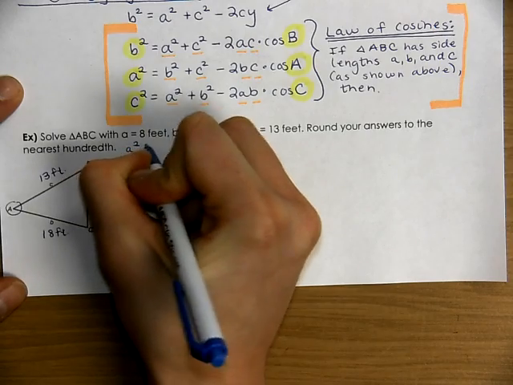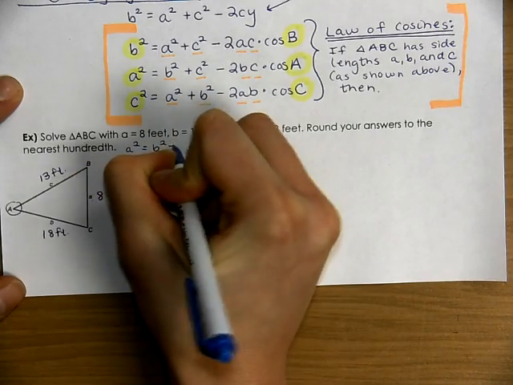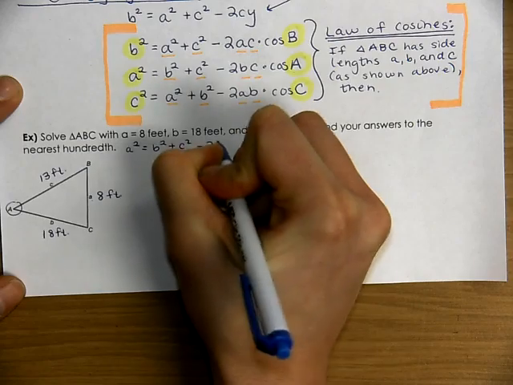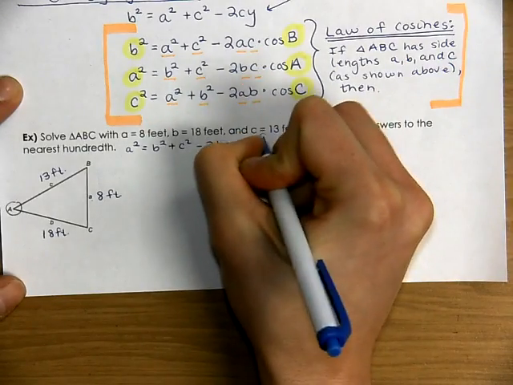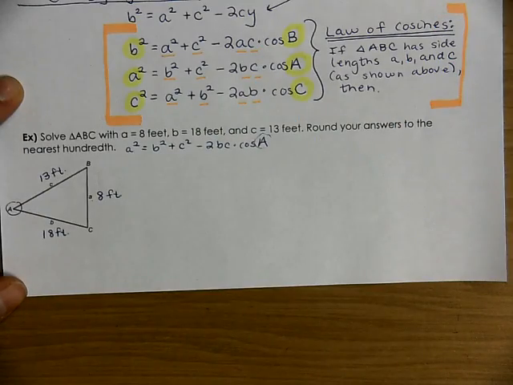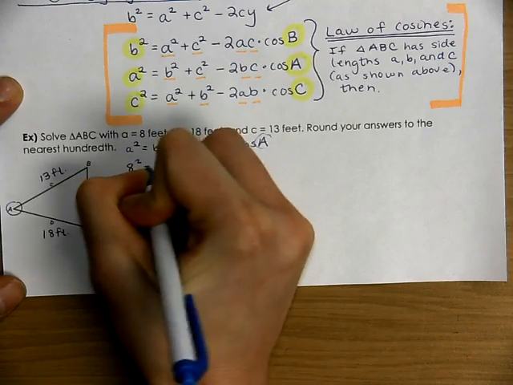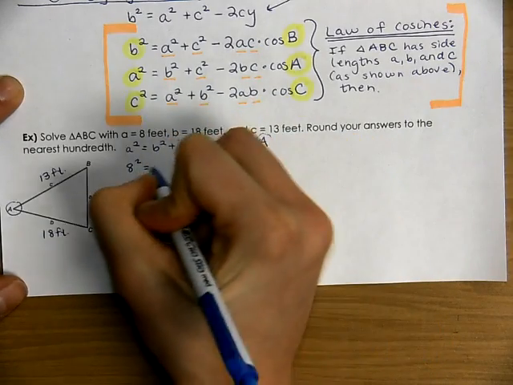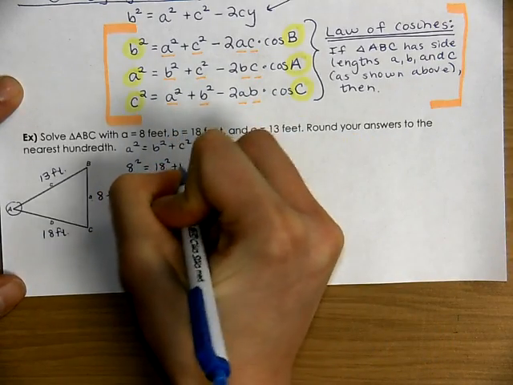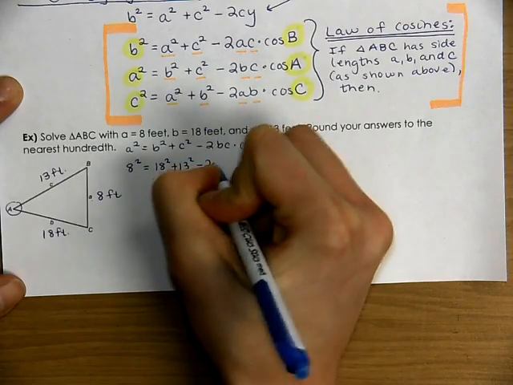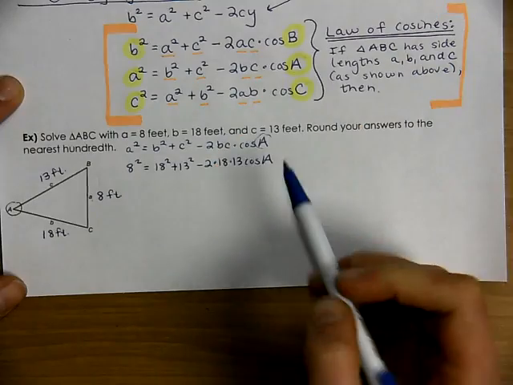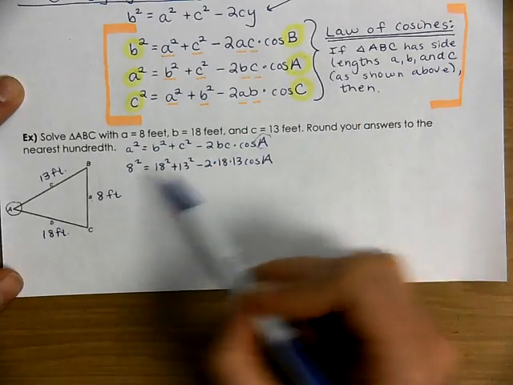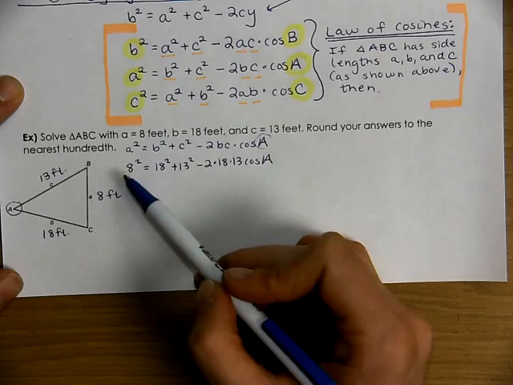So we have A squared is equal to B squared plus C squared minus 2BC times cosine of angle A. And remember, that's what we're really trying to solve for, measure of angle A. So A squared is equal to 18 squared plus 13 squared minus 2 times 18 times 13 times cosine of A.